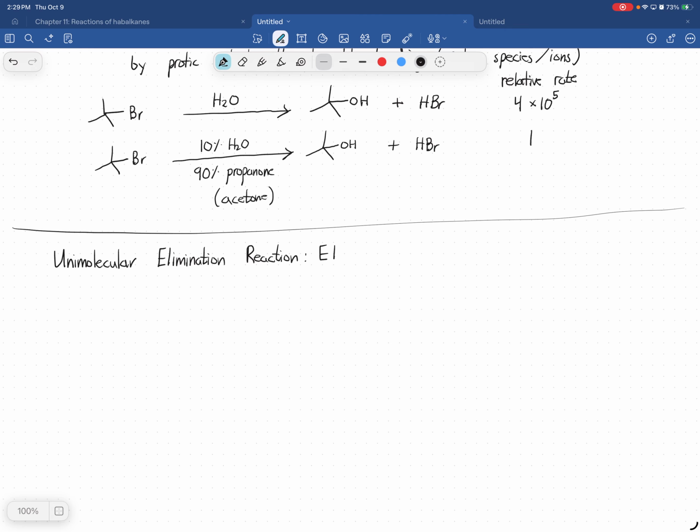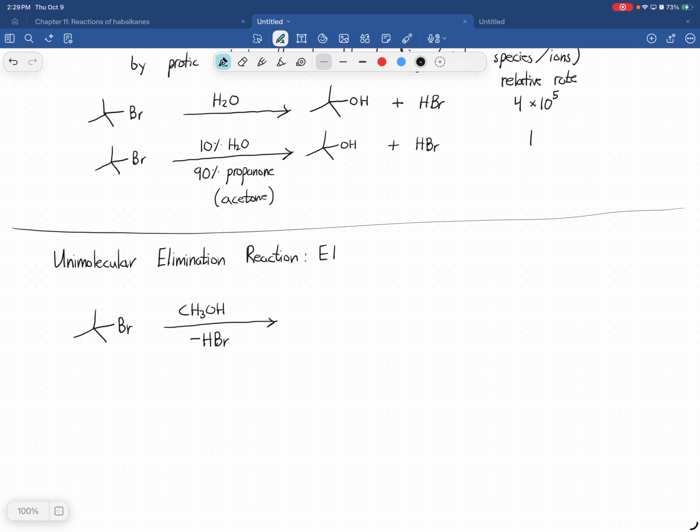All right, so let's use our example from last time. Let's do the bromide. What happens here?